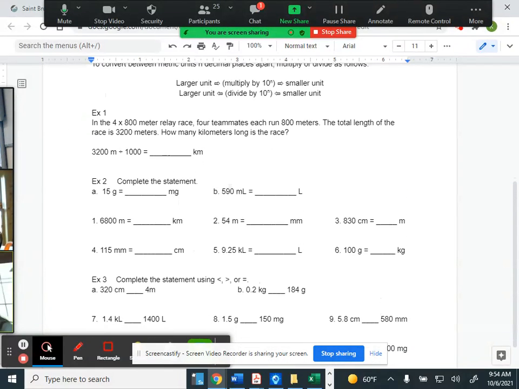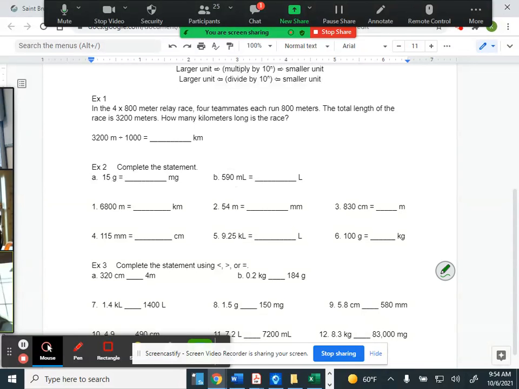Remember, when we're going from the smaller unit of the meter to the larger unit of the kilometer, we need to divide. We know that kilo means 1,000, so we're dividing 3,200 by 1,000. There are 3 zeros here, so we're going to move that decimal point 3 places. So our answer would be 3.2 kilometers.